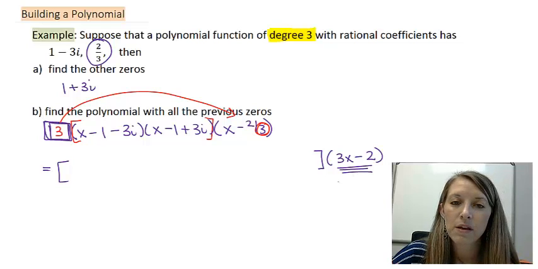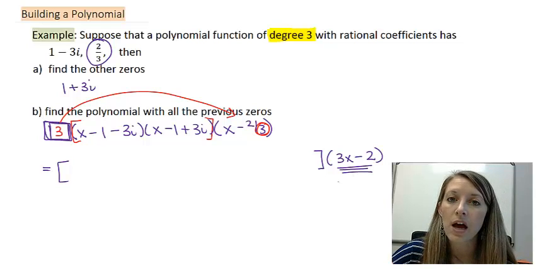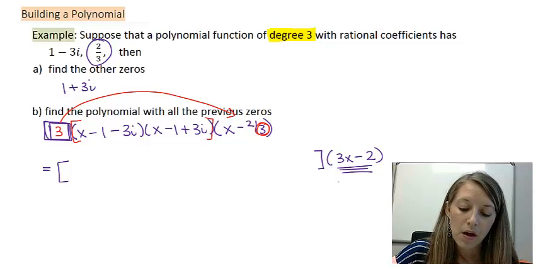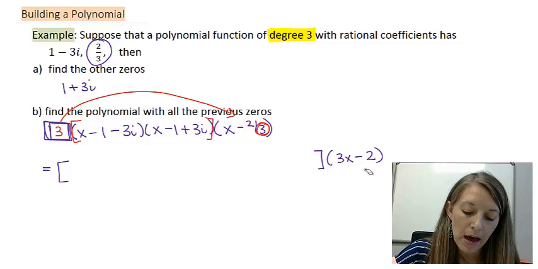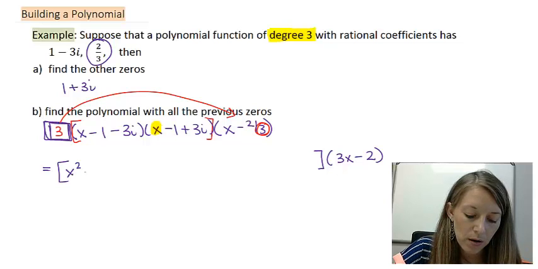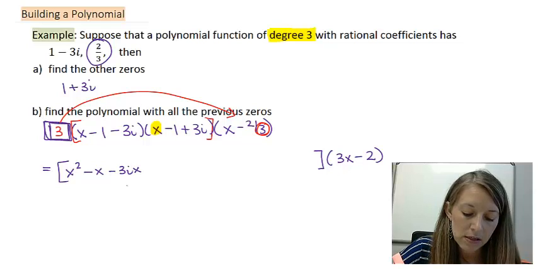Now this is something that we typically see when we work it the opposite way. This is our factors that we see a lot of the time. Okay, now I need to multiply out these 2 imaginary numbers. Distributing my x from my back parenthesis through my front gives me x squared minus x minus 3ix.